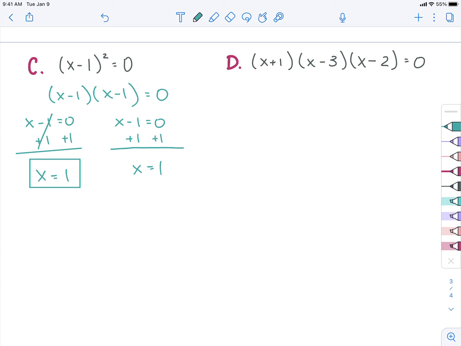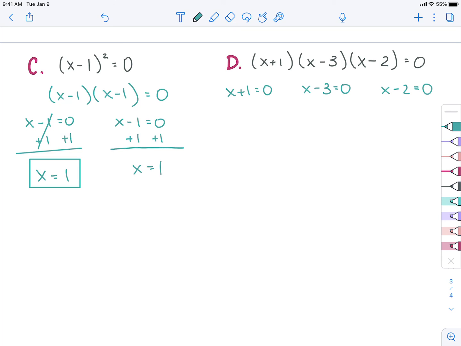And now with D, we have 3 sets of parentheses, or 3 factors in there. So even though it looks a little bit scarier and a little bit longer, all we're going to do is take all 3 sets of parentheses and set each one equal to 0 and solve them. So you really just have 3 equations that you're solving here. You take the first one, x plus 1 equals 0, x minus 3 equals 0, and x minus 2 equals 0.